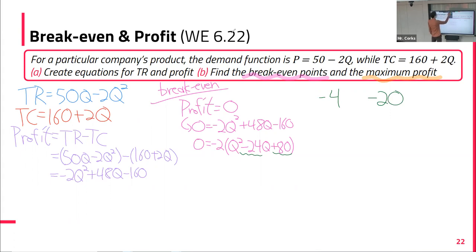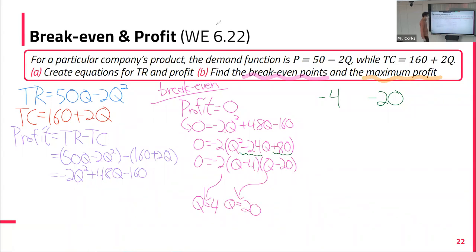Okay, that's going to work. So 0 is negative 2, q minus 4, and q minus 20. All right, I'll kind of skip some of the little details here. So this means that q is equal to 4 or q is equal to 20.